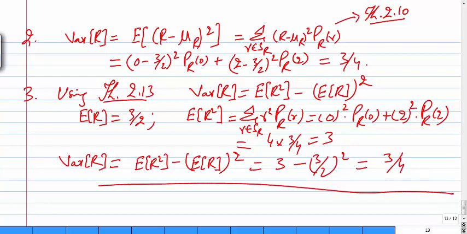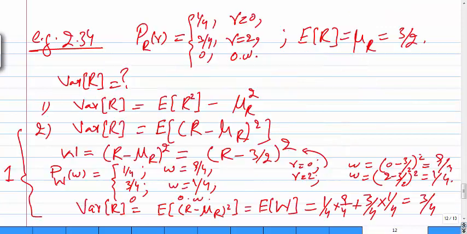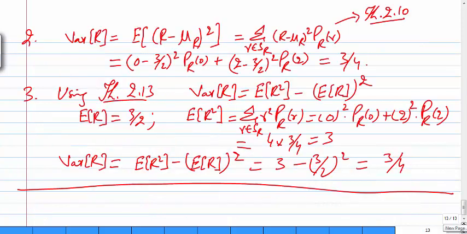So look here, there are 3 methods of calculating the variance. The first method was to make a derived random variable, calculate the PMF, and then calculate the expected value; that becomes the variance. Second is to directly calculate it using theorem 2.10, and third is using theorem 2.13.